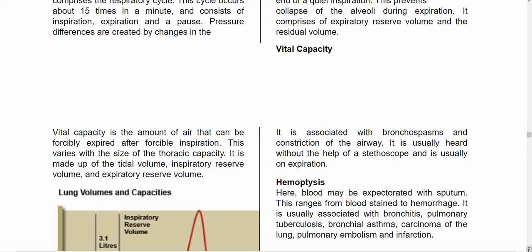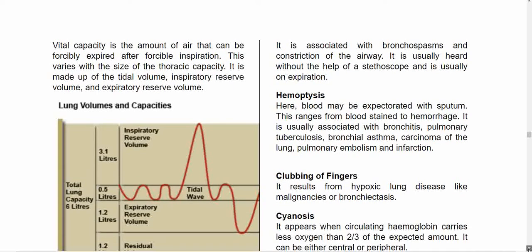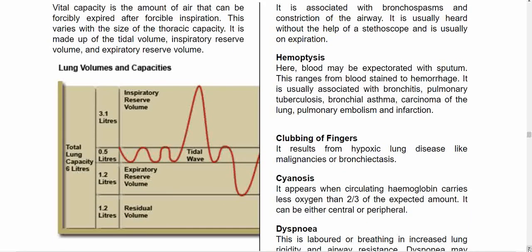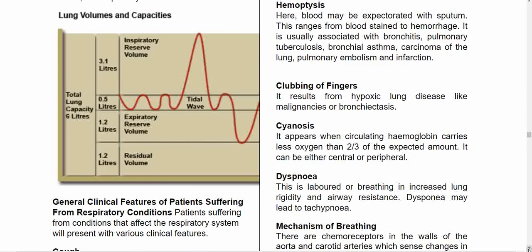It is made up of the tidal volume, inspiratory reserve volume, and expiratory reserve volume, so you can add these three together to get the vital capacity. This measurement is always used in the hospital for our clinical investigations. We can measure the quantity against the normal and figure out if yours is normal.